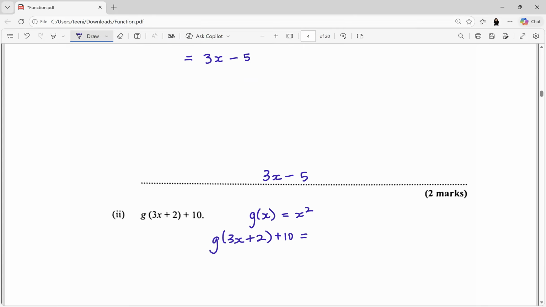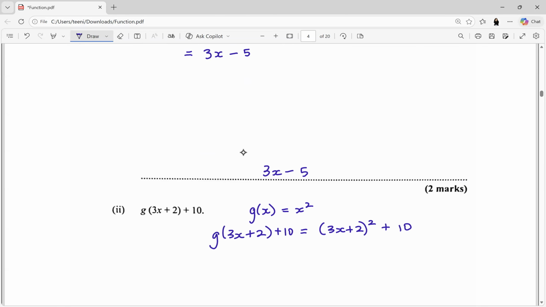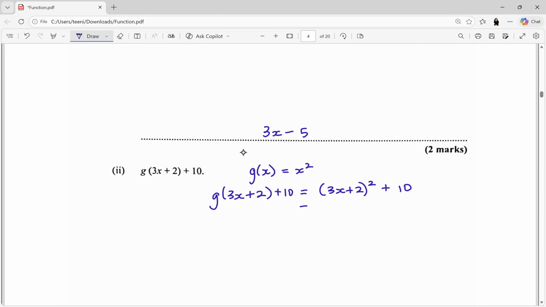Well, first, g of 3x plus 2 means you're replacing x with 3x plus 2. So g of 3x plus 2 would be 3x plus 2 all to be squared, and then you're adding 10 to that. So 3x plus 2 all to be squared means 3x plus 2 by 3x plus 2. All of that plus 10.